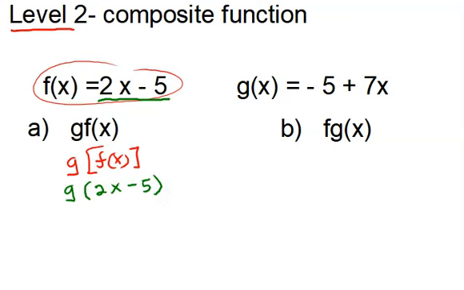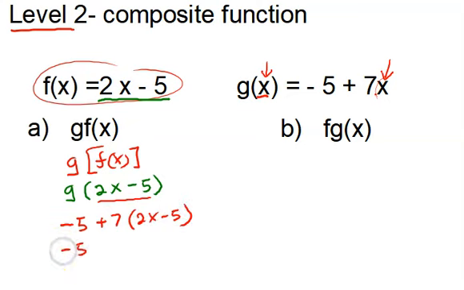Now we just have to substitute. This is a function of g. So g, take a look at this. Whatever changes you have over here, you have to substitute the same here. So we just have to take this and substitute over here, which means you are getting negative 5 plus 7 bracket 2x minus 5.